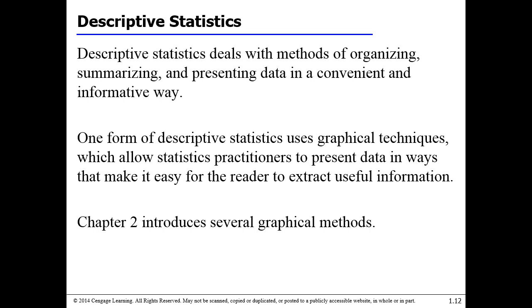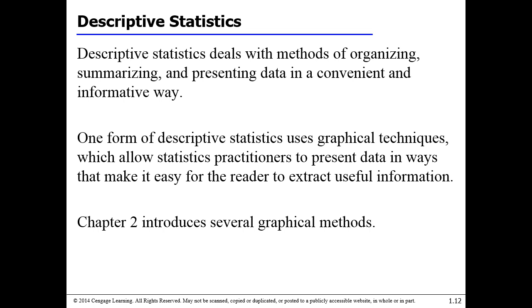And I started talking about STAT 301 versus STAT 302. The first branch of statistics is something called descriptive statistics. As the name implies, descriptive statistics is about describing a set of data so that we can get our minds around it.